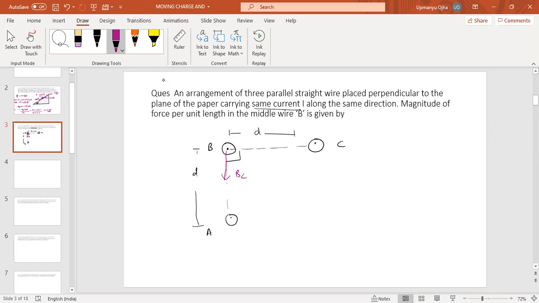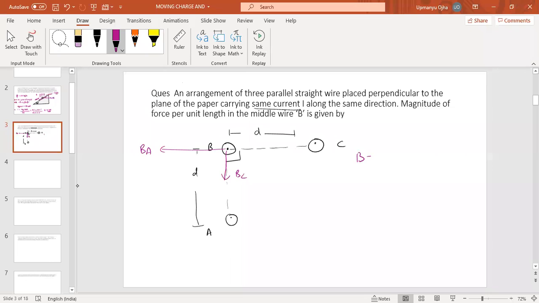Place the thumb in the direction of the current, and the fingers will show the direction of the magnetic field. So from C, the magnetic field on B will be downward. Similarly, the magnetic field due to A on B will be on the left side, that is BA.